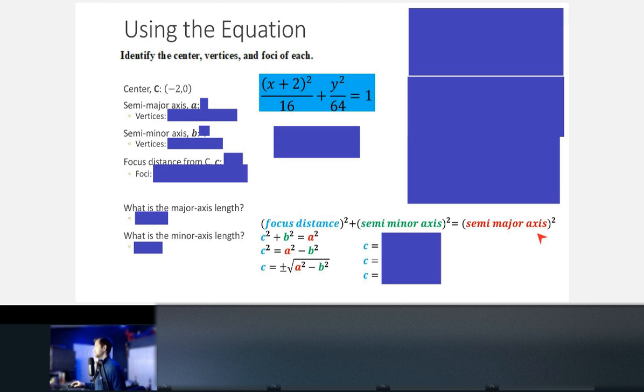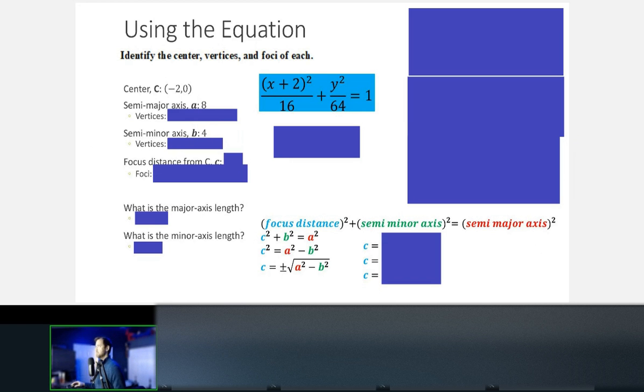Same thing. Yep. The A value is 8. Yep. What is the B value? B value is 4. Yes.